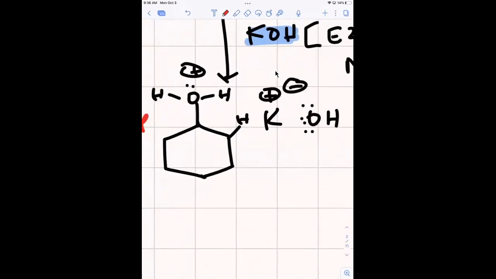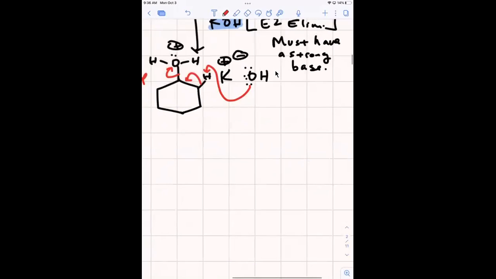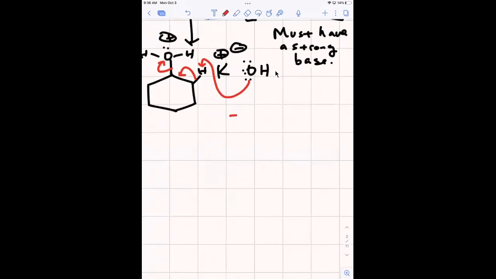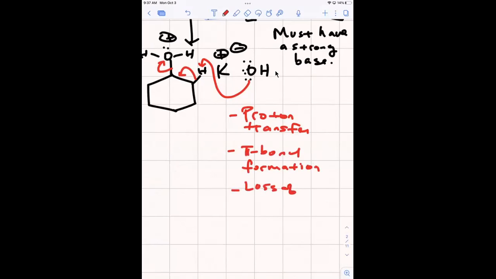But at any rate, this is coming here, this is coming here, and this is coming here, right? So I'm losing my leaving group, forming the pi bond, and doing proton transfer all at the same time. Everything is all happening at once.